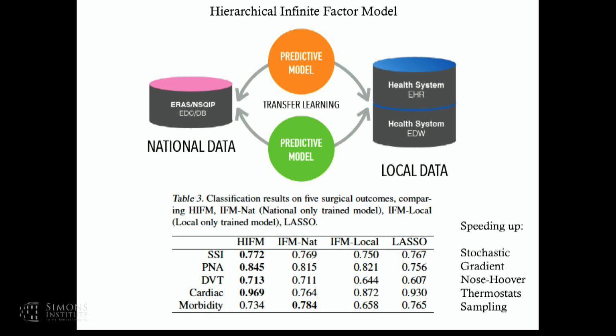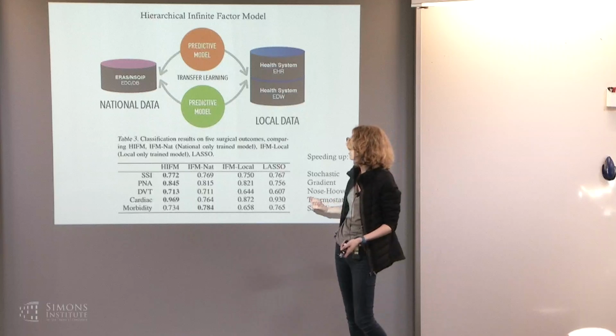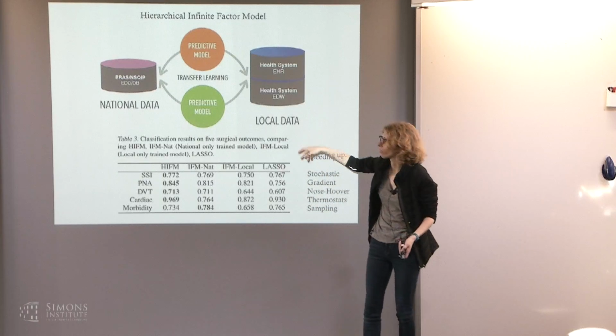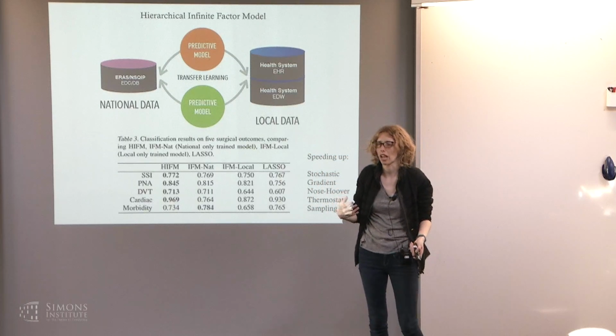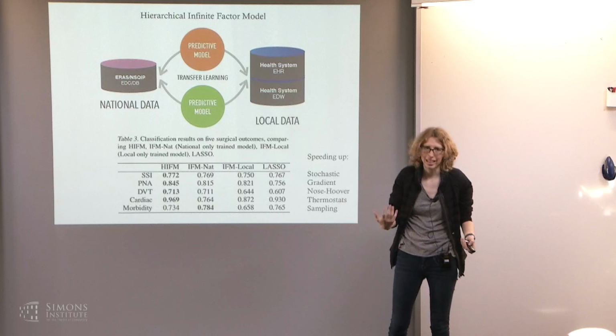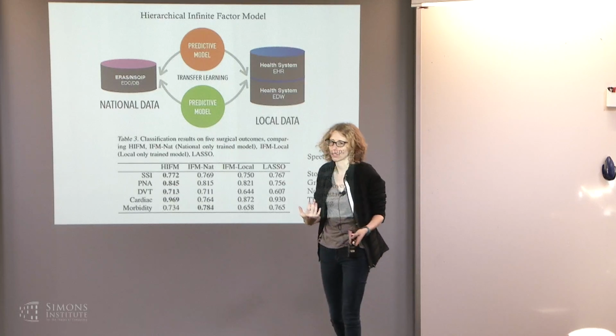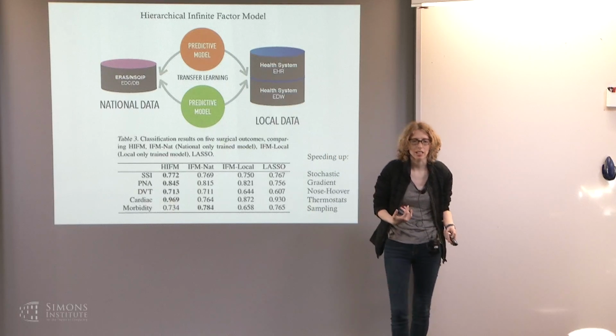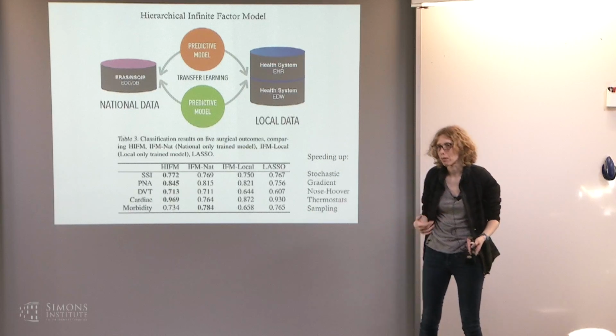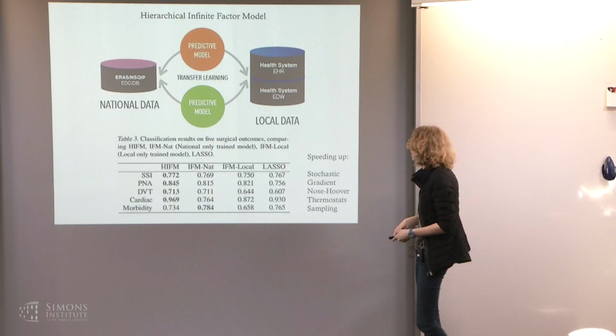And so I have a student who's worked a little bit on a hierarchical infinite factor model for doing transfer learning from the national data to the local data. So basically saying, okay, can I downweight the national data a little bit and upweight the local data a little bit, so that the national data is giving me information in places where I feel like it counts, right?